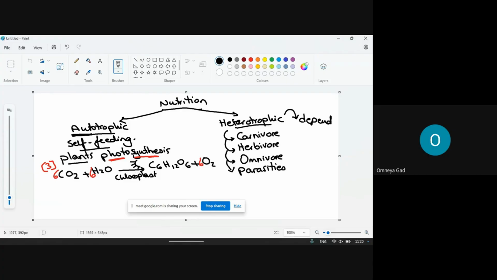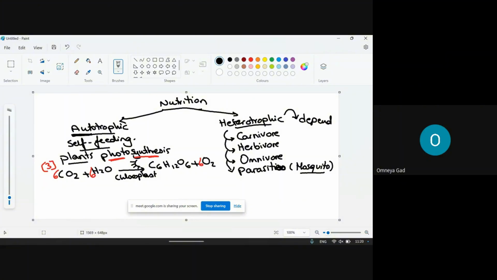Parasites are living organisms. They depend on others to obtain their own food, but unfortunately, they cause them a disease. For example, like a mosquito. A mosquito is going to suck the blood. So they will take blood from you containing nutrients and sugar, but they will cause you a disease.